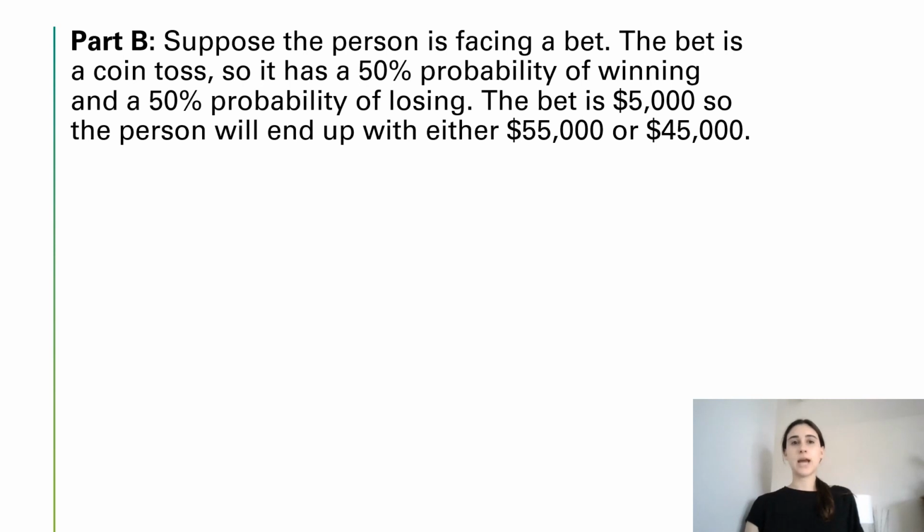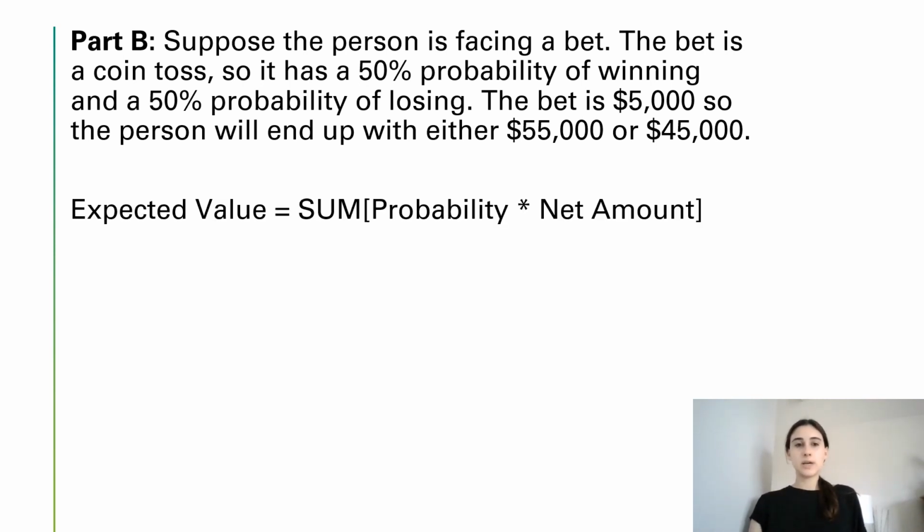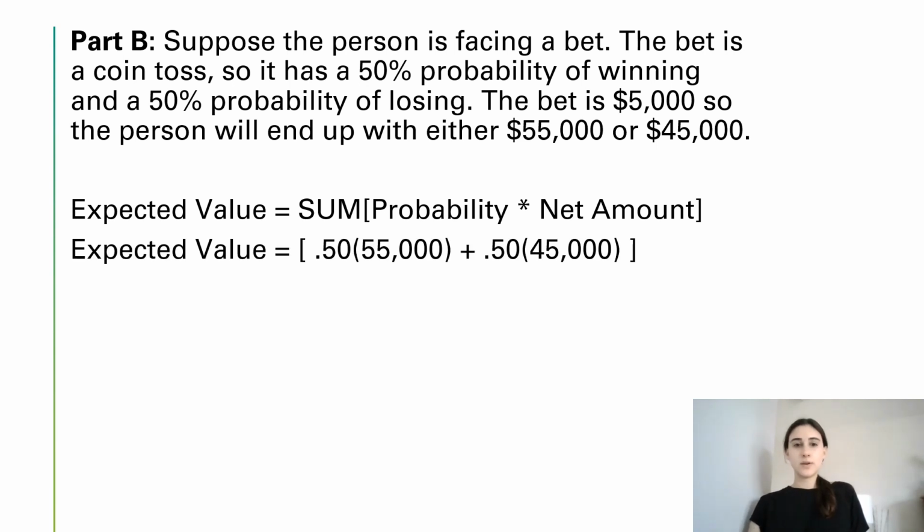Now, let's examine how to calculate expected value and expected utility. The formula for expected value is to sum the probabilities times net amount. For example, this individual is taking a bet that is a coin toss. So the probability of winning is 50%, and there's a 50% chance that they lose.